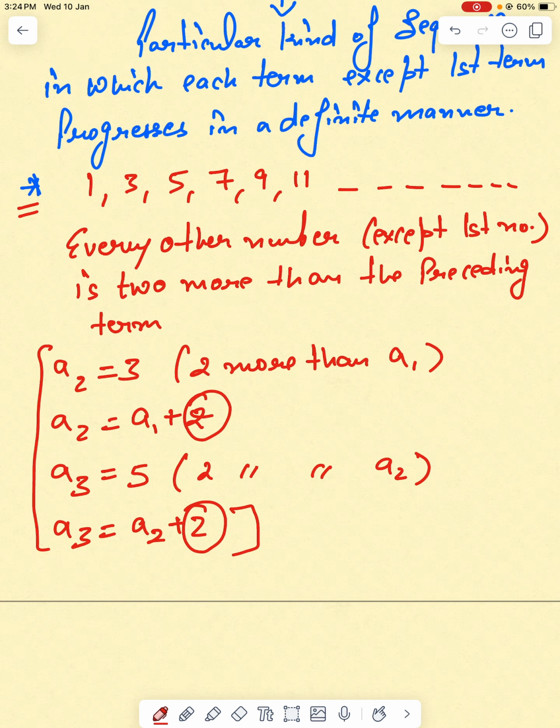So what does it imply? If I generalize the definition again, so what is the AP?